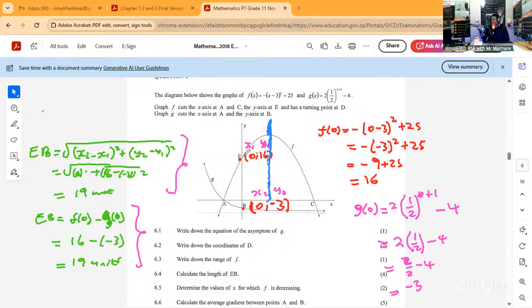When a function increases, what do we look at? We're looking at the actual slope.